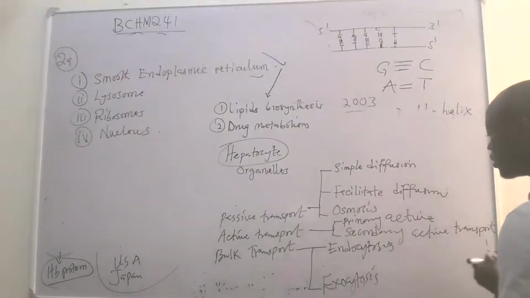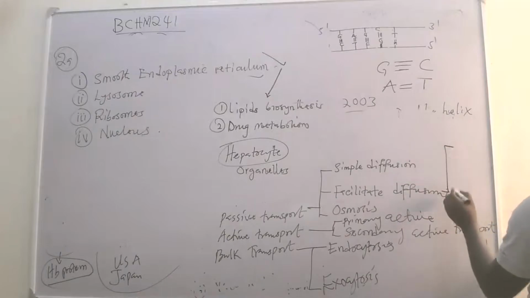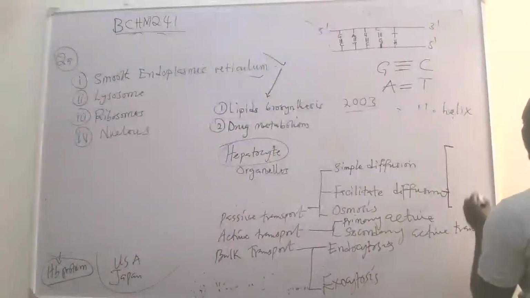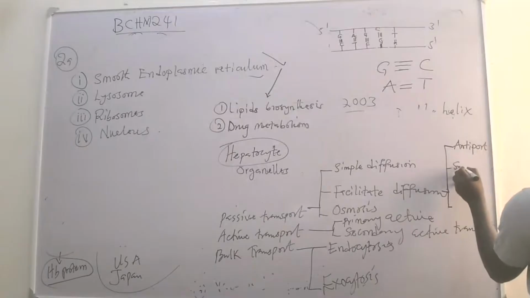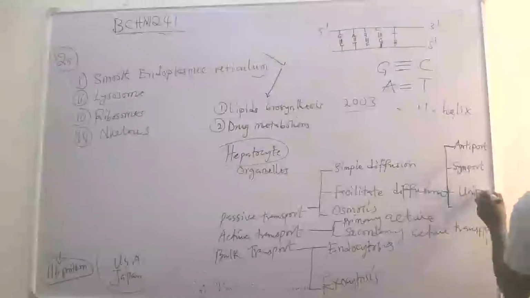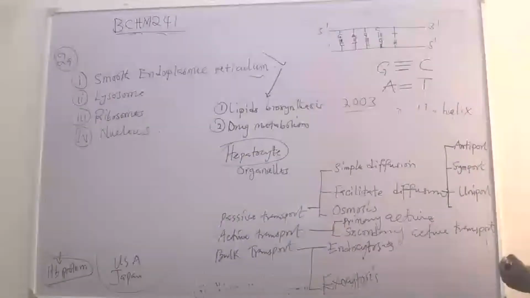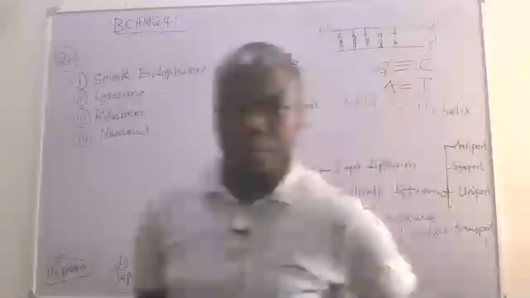And the facilitated diffusion is also divided into 3: we have antiport, symport, and uniport. These are the different types of diffusion that we have.